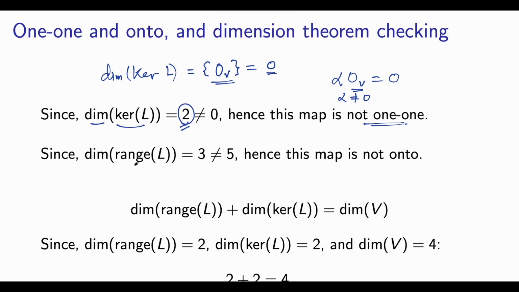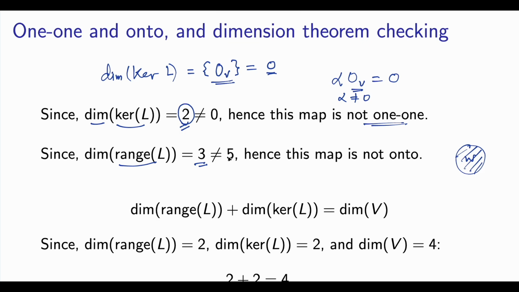Similarly, the dimension of the range is equal to 3. And we know if the range is going to become the whole of W, right? Then the transformation given to you is from R4 to R5, and the dimension of W is what? 5, and the dimension of the range is 3. So 3 is not equal to 5.